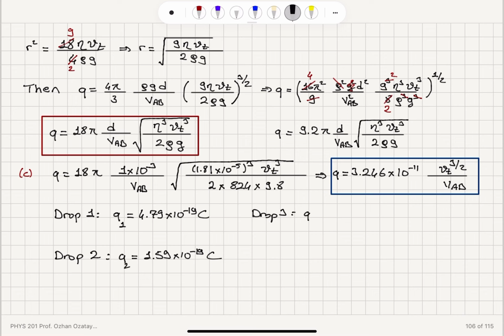And for drop 4, we obtain a charge of 3.23 × 10^-19 coulombs. So that's the answer to part C.